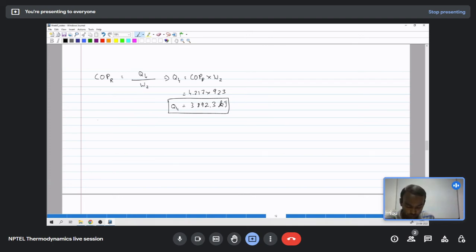So now Q3 can be calculated. Q3 is Q4 plus W2 using the energy balance, and Q4 is 3892.3 plus work input 923, which means Q3 is 4815.3 kilojoules.